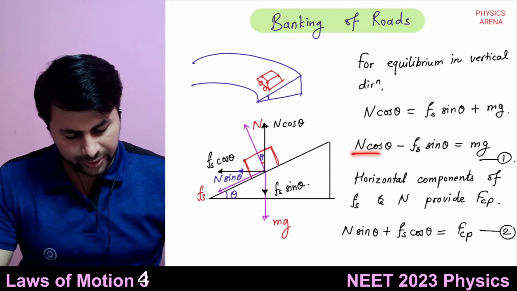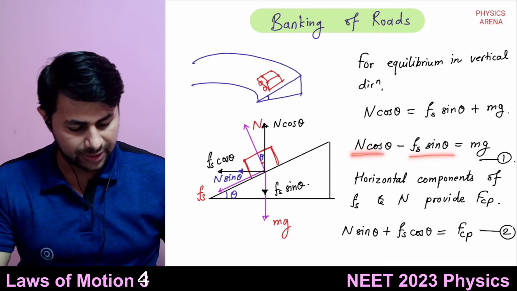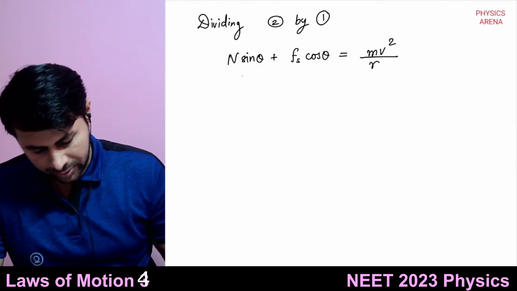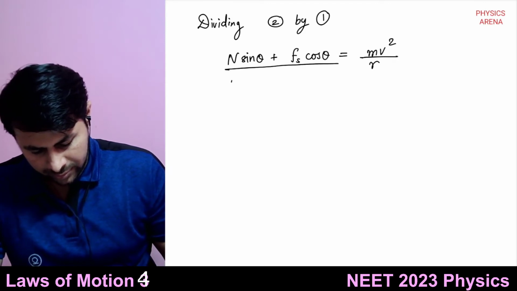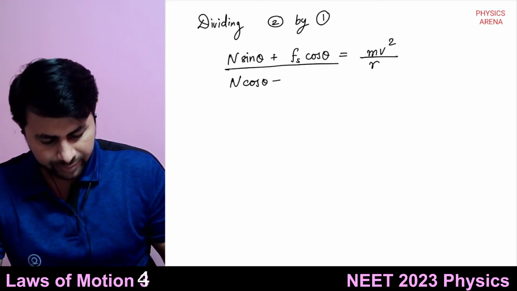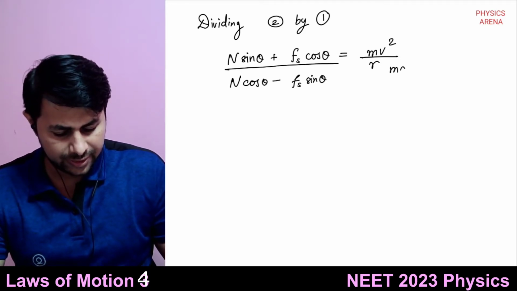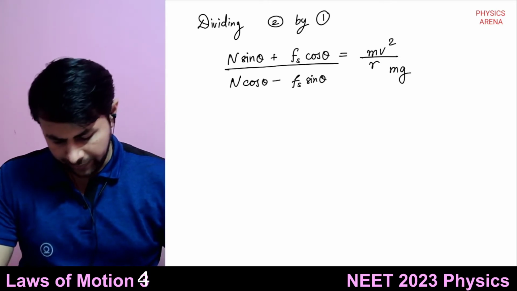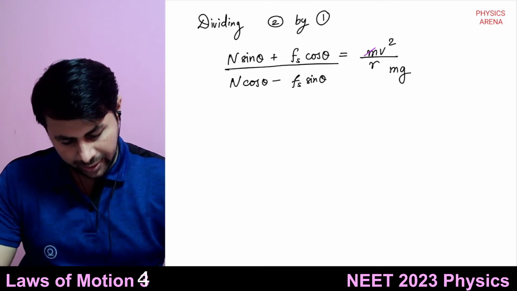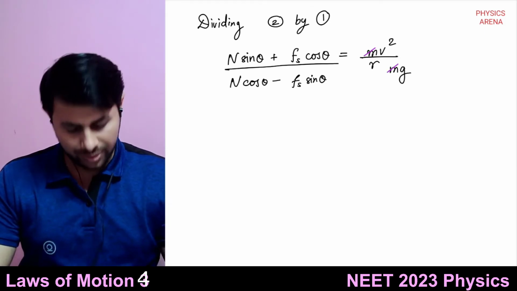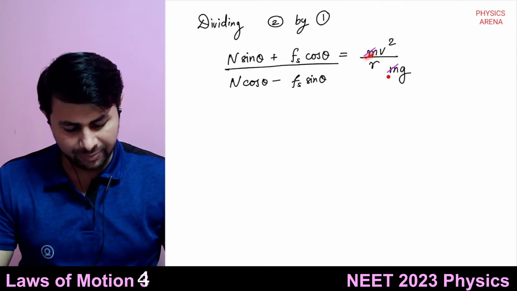Equation 1 is n cos theta minus Fs sin theta equals mg. So on the right hand side it is mg. This m and m get cancelled out.